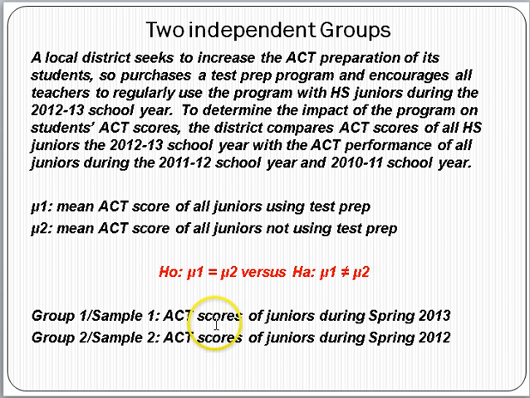Group 1, sample 1 are the ACT scores of juniors during spring 2013, and sample 2 are the ACT scores of juniors during spring 2012. Which group is designated group 1 or 2 is irrelevant. That's something you can set in StatCrunch.